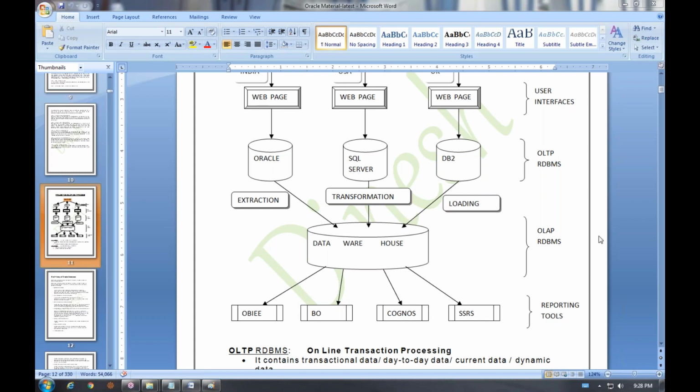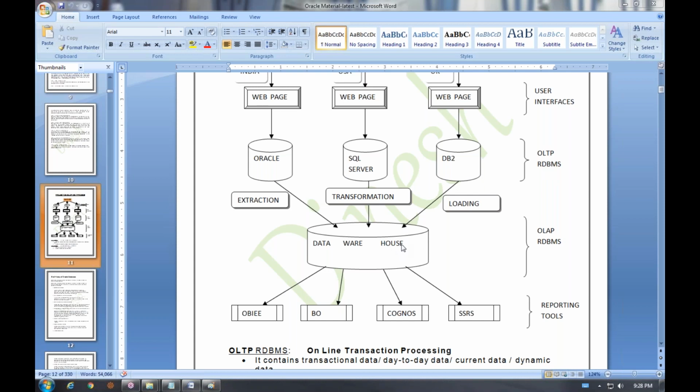Yeah, hold on, Saket. I am coming to your question. Yes, Saket. In this diagram, business is connected to different RDBMS software. Is the warehouse the same for different ones? Yes, Saket. Actually, in this diagram, we are using different RDBMSs for OLTP. All OLTP RDBMSs are connected to Oracle 11G.